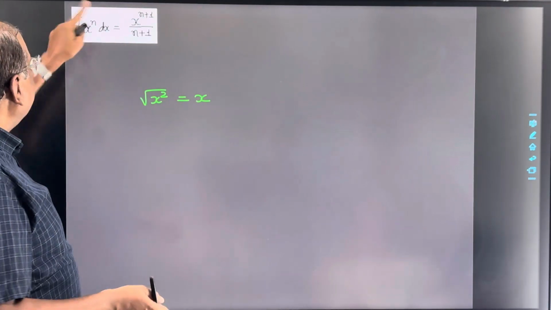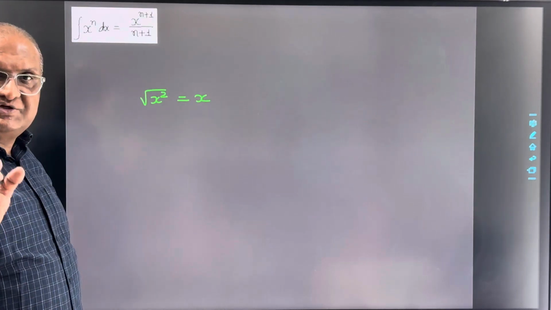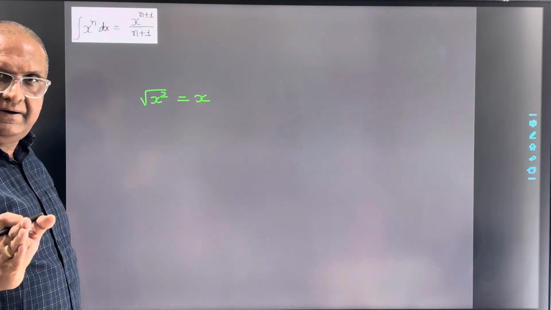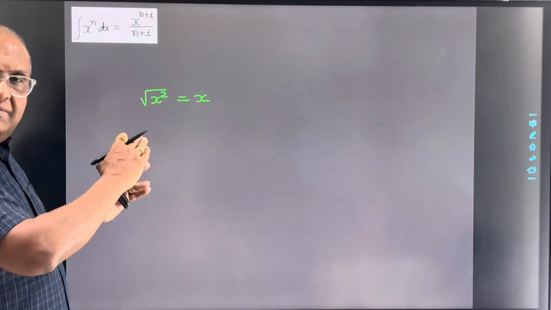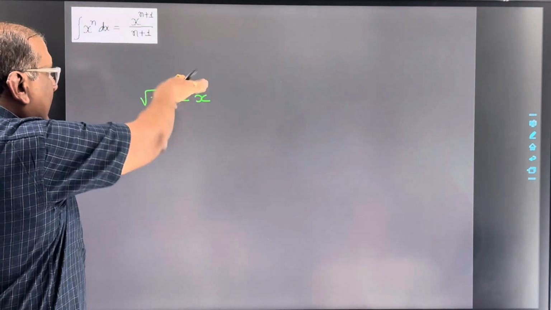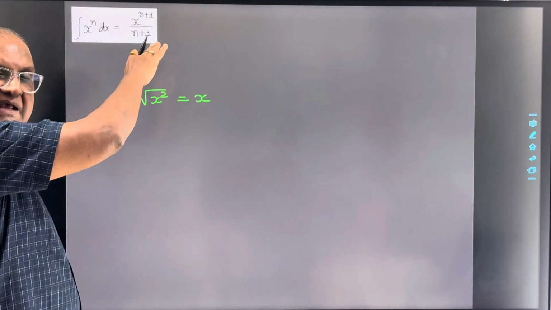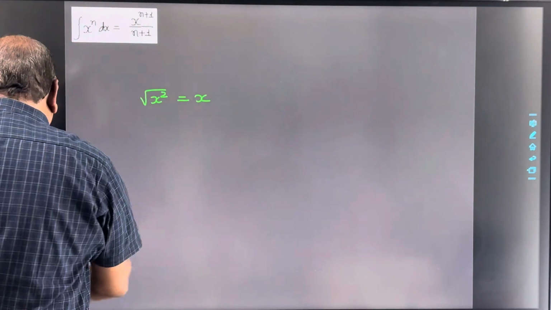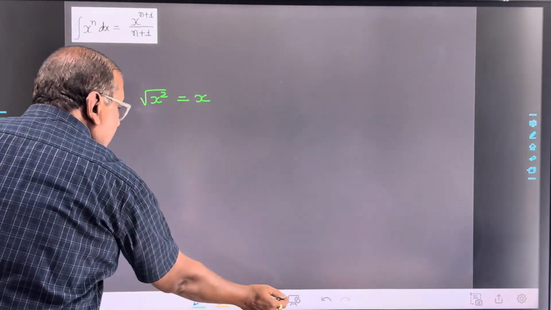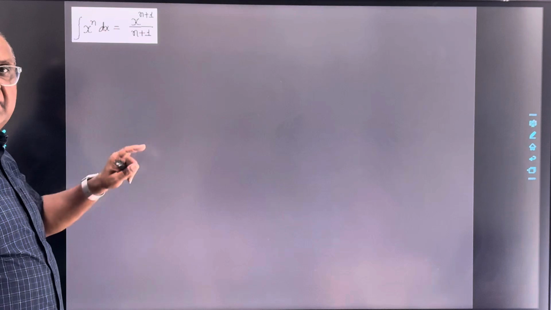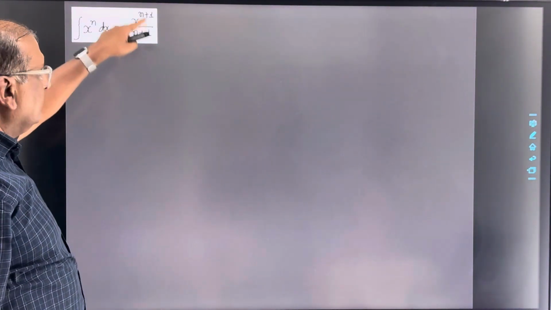Like that, this symbol of integration is one type of operator. Clear? So now the process is carried out. Your answer is x raised to n plus 1 upon n plus 1. So no need to place that symbol. Be careful here.